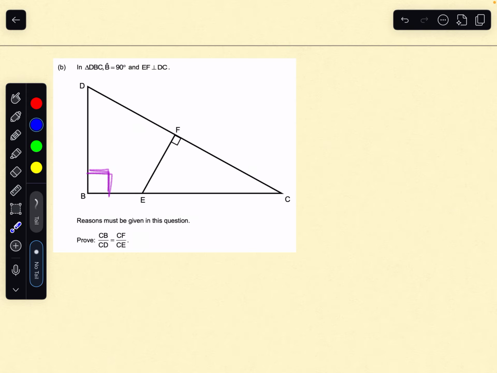So that for me immediately, if I just think about the sides in question, we've got CB. Maybe I use a highlighter. So they're talking about CB, and they're talking about CD, which are part of the big triangle, and then they're talking about CF and CE, which is part of the smaller triangle.